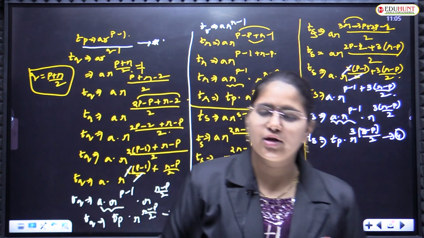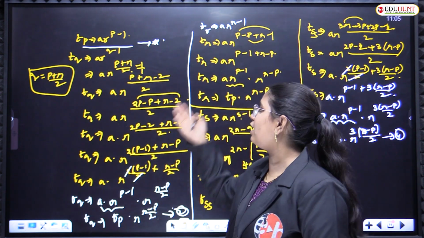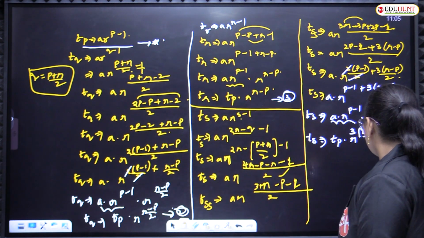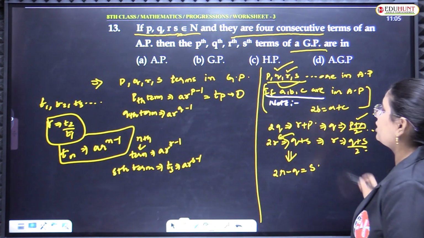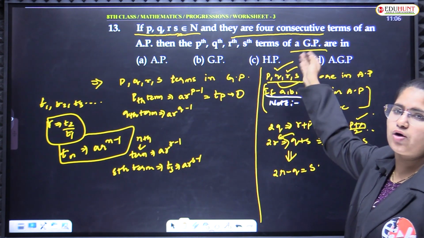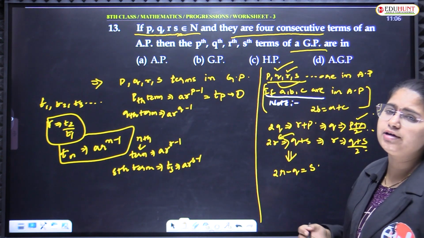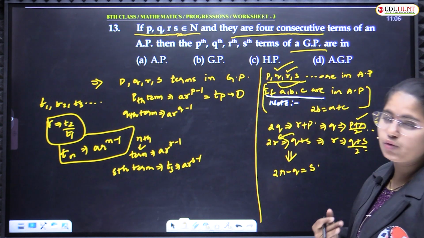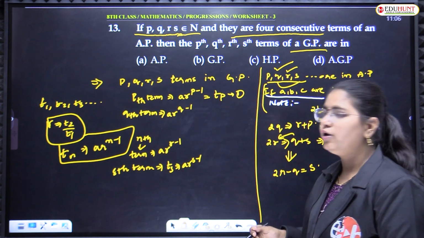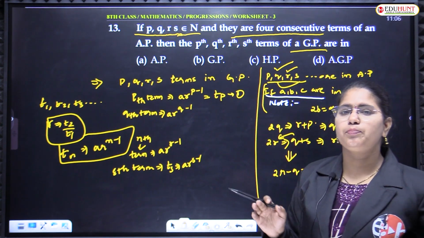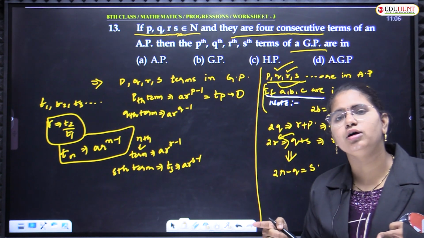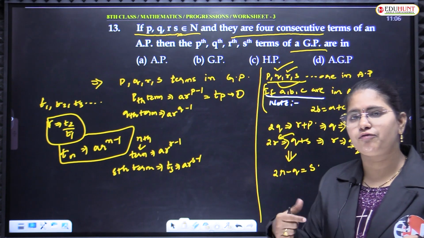So what I am doing here is, in the question they asked about TP, TQ, TR, TS, the Pth, Qth, Rth, S terms of a GP, and in which progression they are. So that is the thing I have to find out here. We successfully found the Pth, Qth, Rth and S terms, and we also converted all the terms in terms of TP.